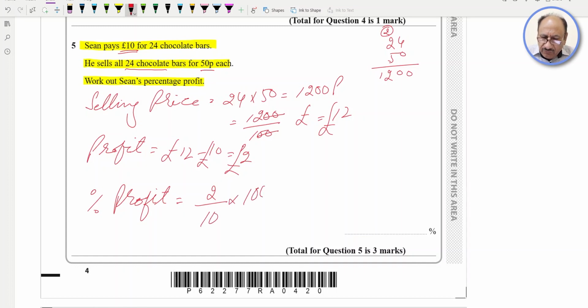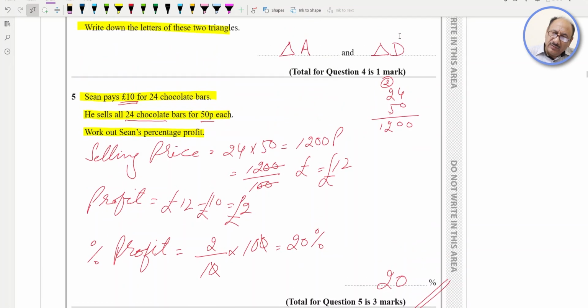Now for percentage we will multiply by 100, and 0 will be cancelled, and 10 twos are 20, so this will be 20%. Our answer will be 20 over here. Hopefully you understood each and everything, and this was the rough work which we can delete over here.